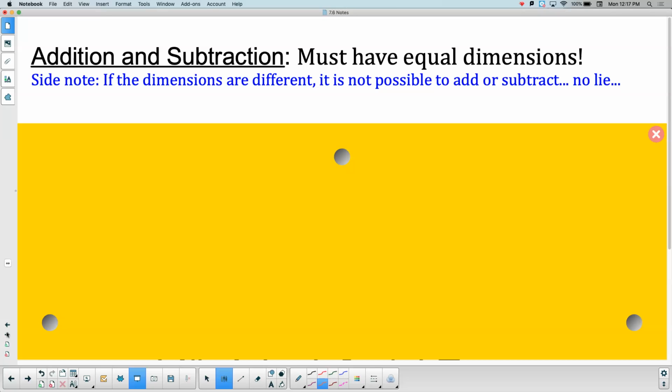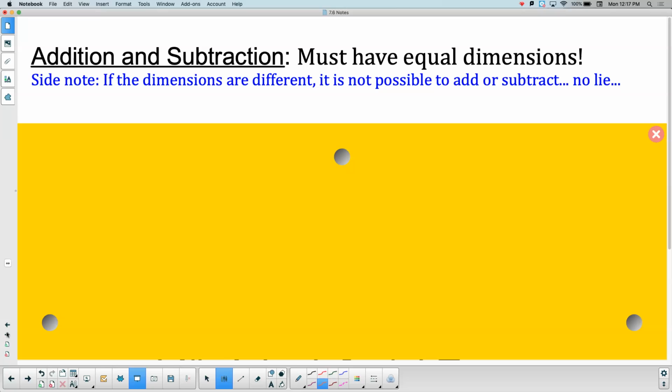If they're not, you cannot add or subtract them. No lie. So I can only add and subtract 2 by 2 matrices with other 2 by 2 matrices. I can only add or subtract a 4 by 8 matrix with other 4 by 8 matrices. I can't add a 2 by 2 matrix to a 3 by 2 matrix because the dimensions are different.